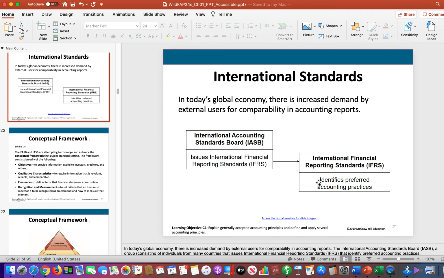It's similar to GAAP, but think of it as GAAP for countries outside the United States. Not every country has the same accounting principles or accounting rules that we do. In fact, many of them are very different. Now, there is pressure for GAAP and IFRS to combine or merge so that there's a universal standard.